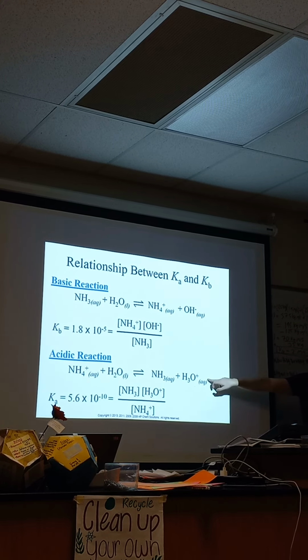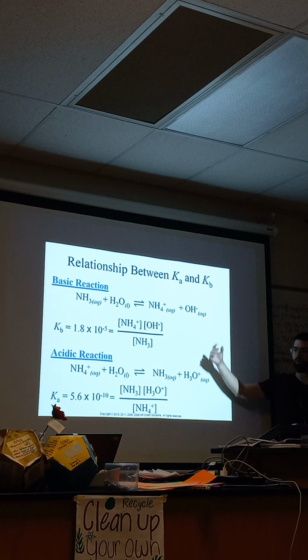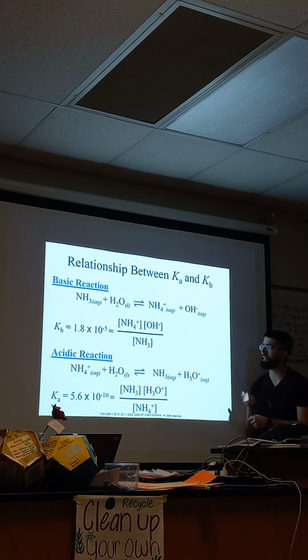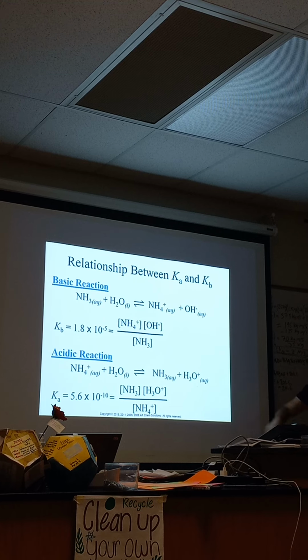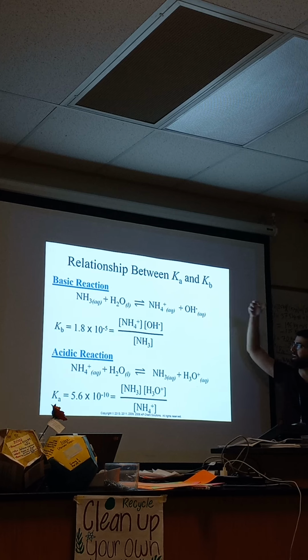The acidic reaction is H3O+, guys, here. So notice, these are technically very similar. It's just what are we flipping in these two? The acid and base, but then that causes it to change the principal component. It'll either be OH- or H3O+.